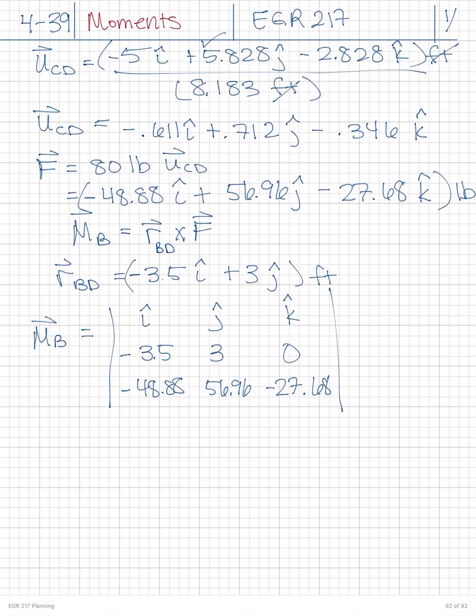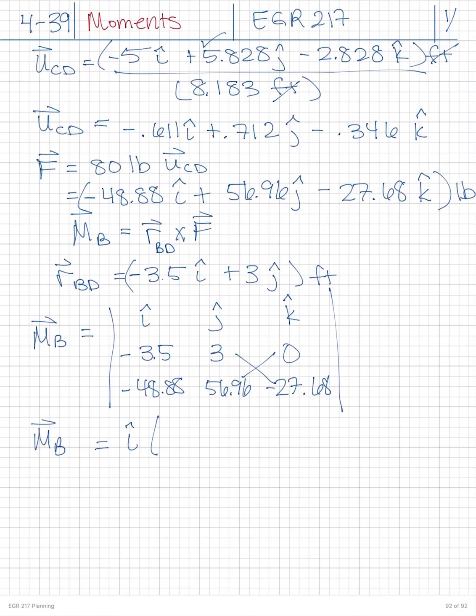So the moment about B. It might be worthwhile for you to figure out how to do this in your calculator. It might save you a little bit of time. I'm just going to do it manually here just to make sure y'all know how to do it. So we'll start with I times, and then we do this 3 times negative 27.68, and then minus 0 times 56.96.